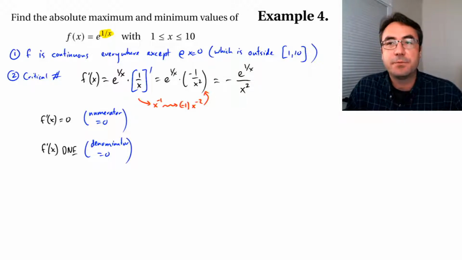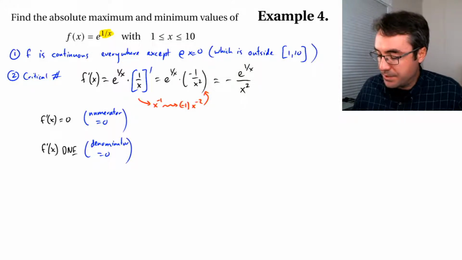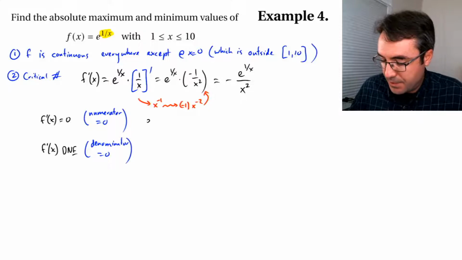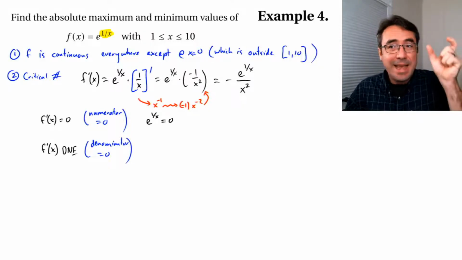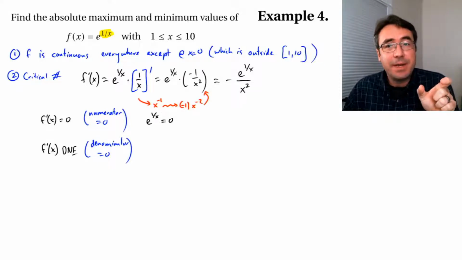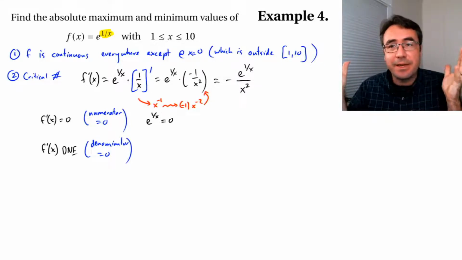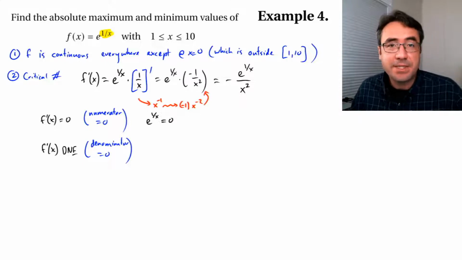All right, so let's start. We'll take the numerator and set that equal to 0. So e to the 1 over x equals 0. When we have just a single exponential function, e raised to something, it really doesn't matter what that something is.